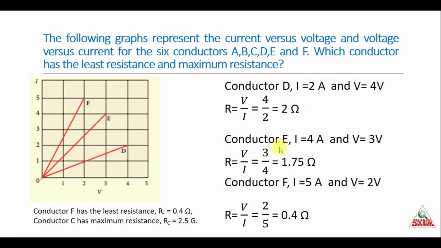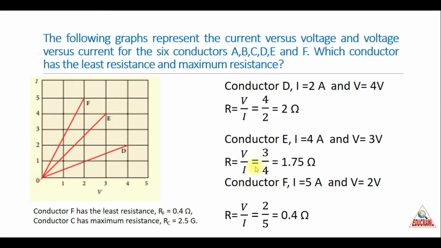Next, for conductor D, I is equal to 2 ampere. The corresponding voltage is V is equal to 4 volt. So R is equal to V by I, which is equal to 4 by 2, which is equal to 2 ohm. From the graph itself, we can easily find. Similarly, for conductor E, I is equal to 4 ampere and V is equal to 3 volt.